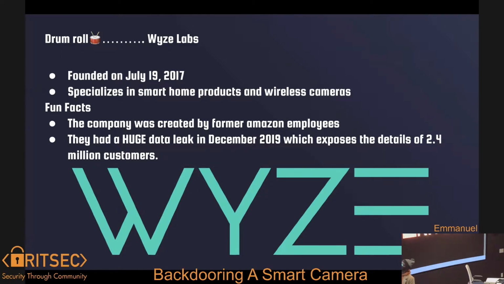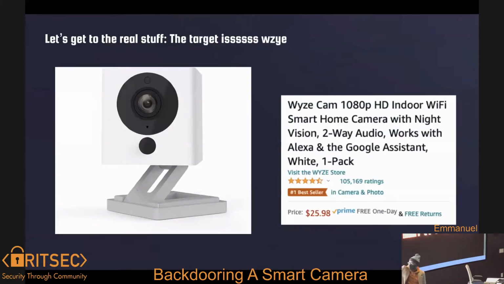They specialize in smart home products and wireless cameras, which is what I'm going to try to target today. Just some fun facts, not really important. This is the target. It's $25 on Amazon, and you can get it by itself or with the SD card. Depending on how much you want to spend, you can get whatever, and this is going to be our target.